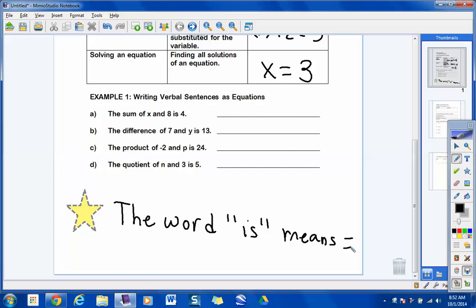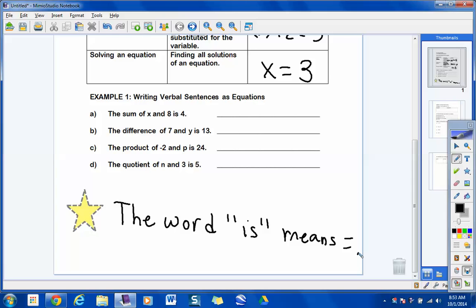So anytime we look at these verbal sentences and form equations with them, our job is understanding what's there, understanding what words give us a certain operation, and understanding where to place the equal sign. We're going to pull up some prior knowledge to make this work. But the one thing I want you to really look at is: if I ever see the word "is," that typically means an equal sign.